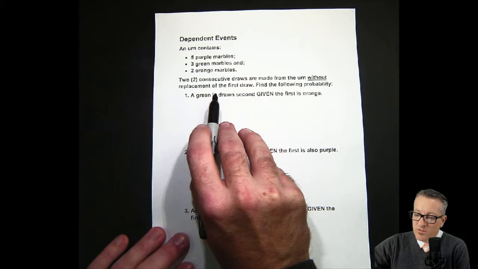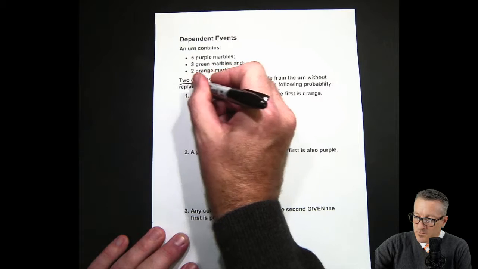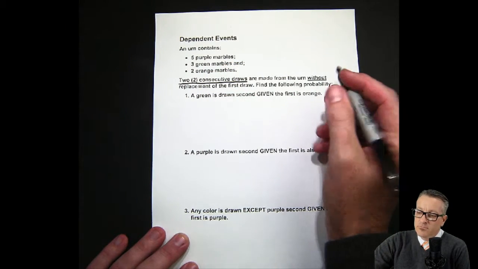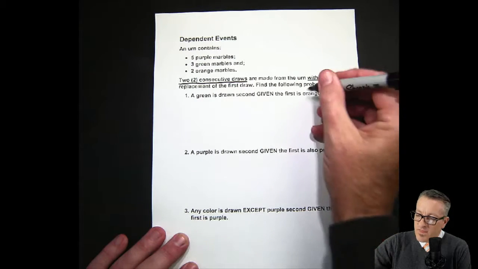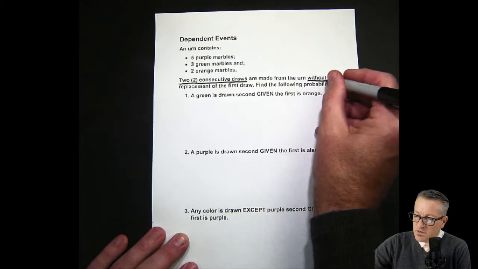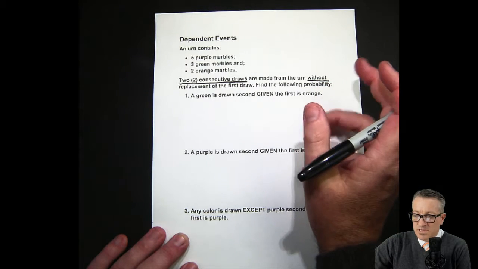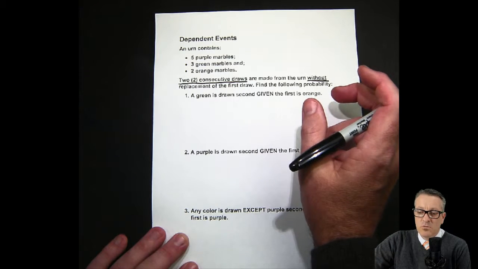Find the following probability. So the big deal here is we have 2 consecutive draws, and after we draw the first one, the marble is not replaced. So it is done without replacement, which means the possibilities of success for our second draw are changed based on what we received with the first draw.